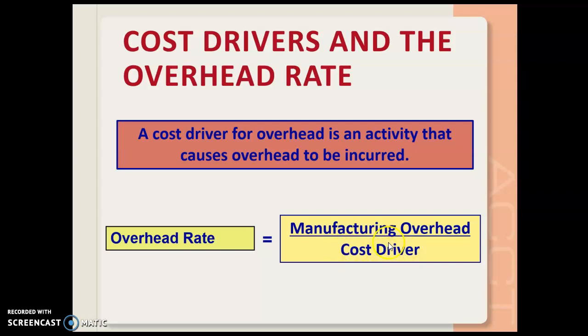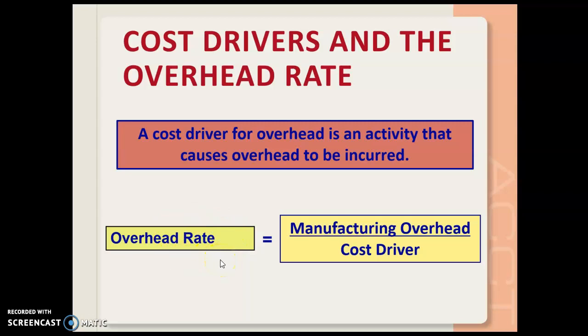We'll total all the overhead costs that we think we're going to have for that year, and divide it by how many direct labor hours, or whatever the cost driver is, that we're going to have for that year.